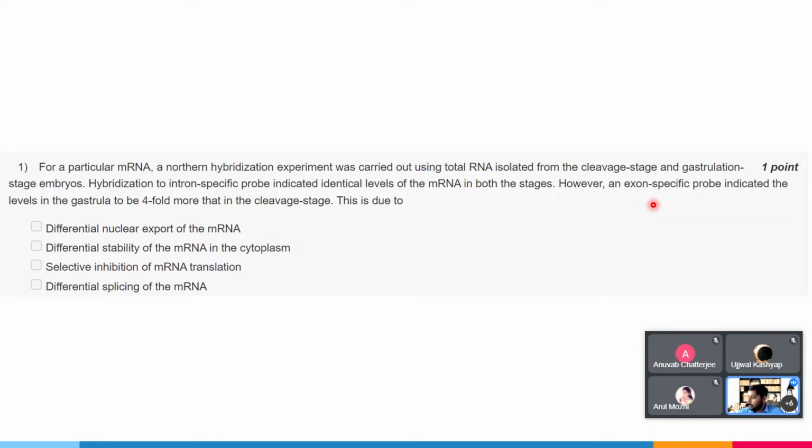Anyone want to give it a go? Okay. So an intron-specific probe will detect the nuclear RNA or the immature mRNA, and the exon-specific probe will detect the presence of a mature mRNA that will most likely be in the cytoplasm.